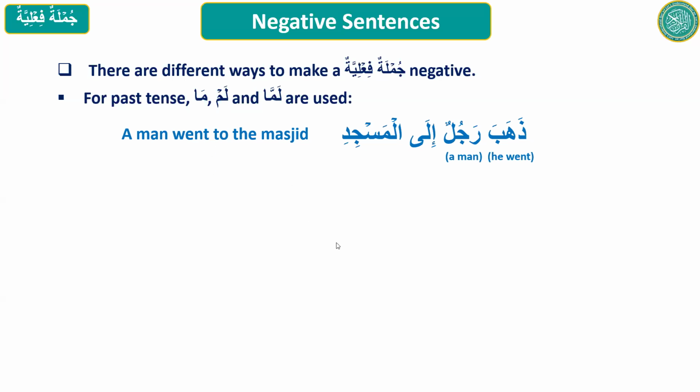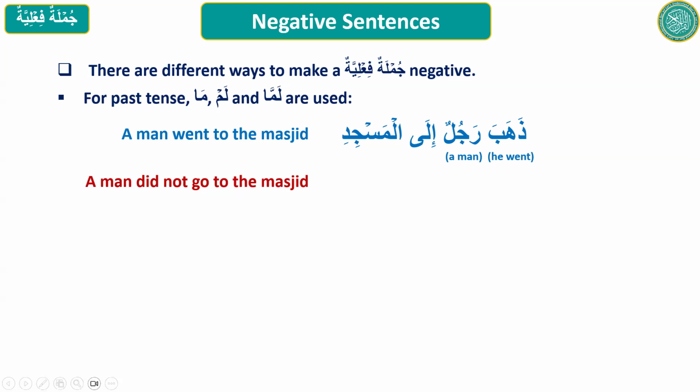Now we are going to make it negative. So if we want to make it negative, Saad, what will be the English for that? A man did not go to the masjid. Yeah, okay. So we have the English. We need to know how to say this in Arabic. So we will use the first word in that list, ma.